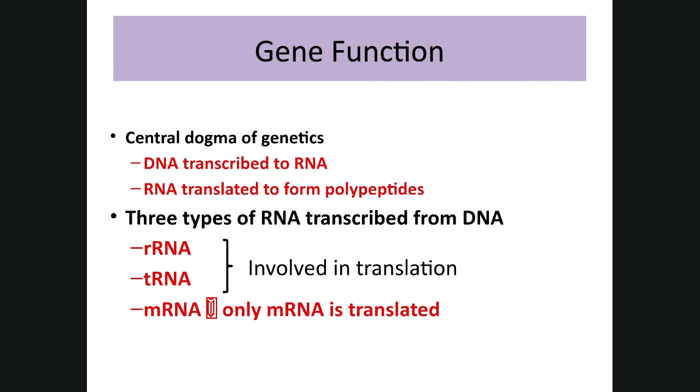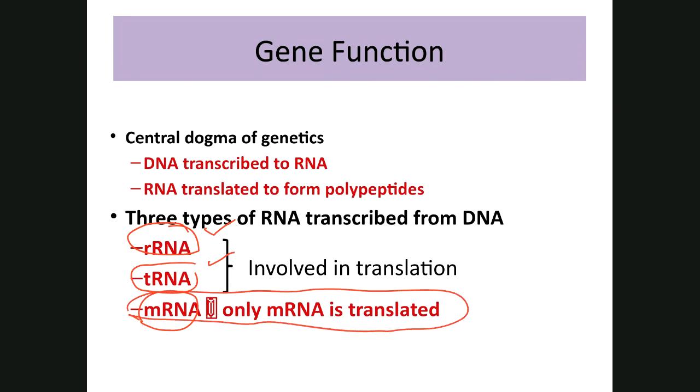And then there's another molecule that's going to help in the making of proteins, which is called transfer RNA, tRNA. And again, tRNA will be made and folded into a tRNA. Okay. So transcription makes three things. It makes ribosomal RNA, it makes transfer RNA, and it makes messenger RNA. Out of the three, only messenger RNA is going to be taken on and translated into a protein.